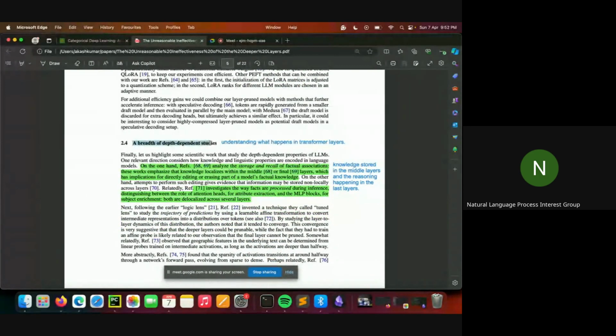And there have been a lot of depth dependent studies, which are basically around trying to understand what exactly happens in the transformer layers. So 68 and 69 are both papers that we have covered earlier. One of them is about knowledge neurons, and the other one was about GPT factual association.